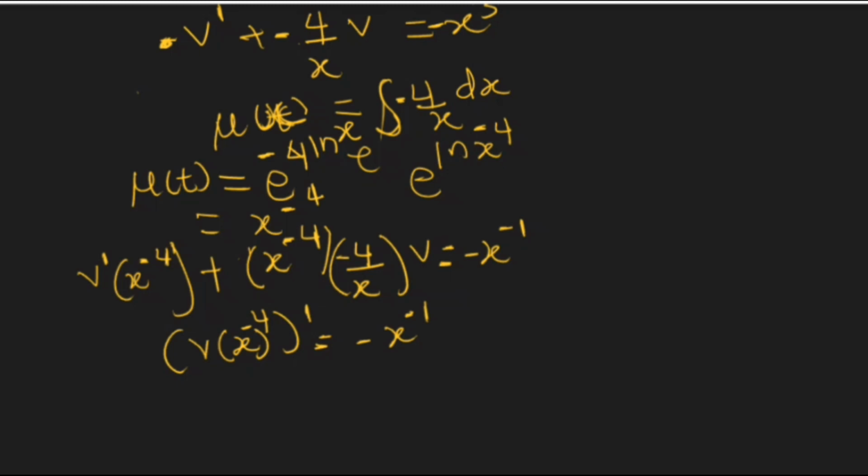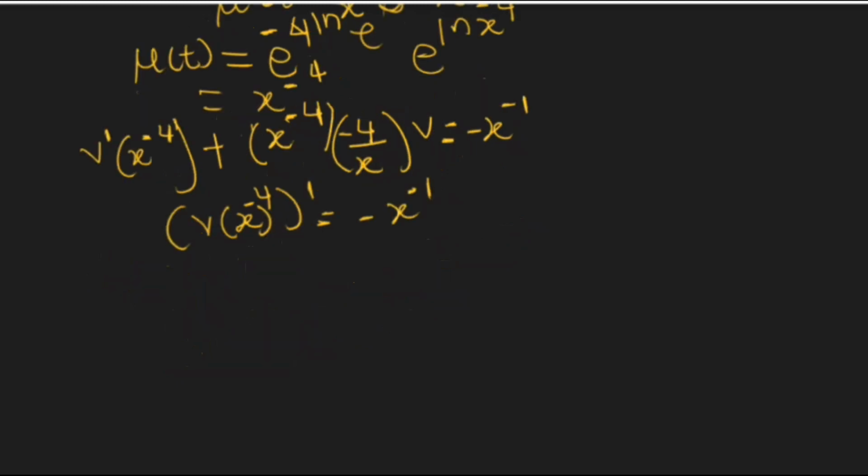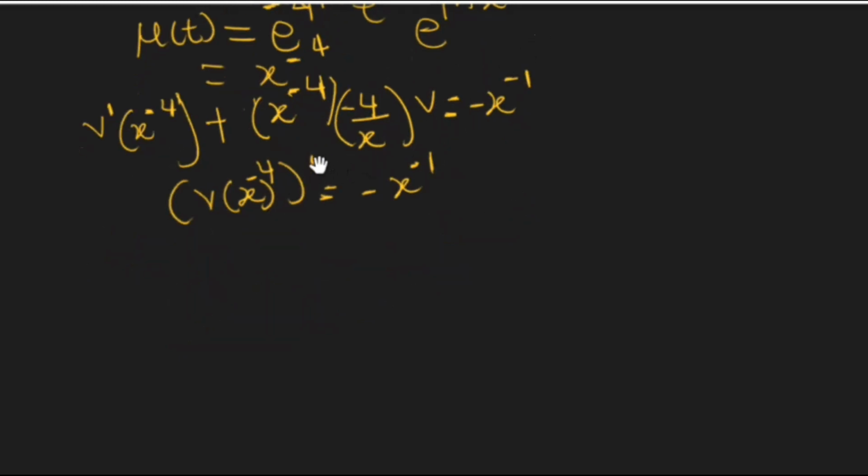So at this point I'm going to remove this prime I have here so that I make v the subject. That is my goal. To make v the subject, I'm going to take the integral on both sides.